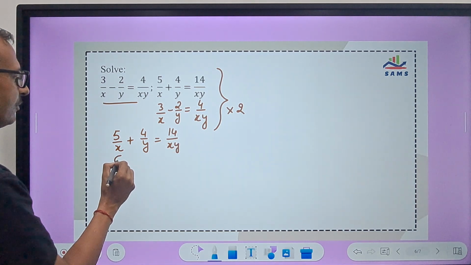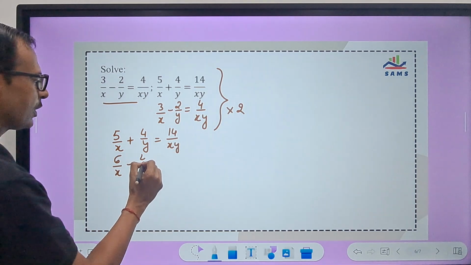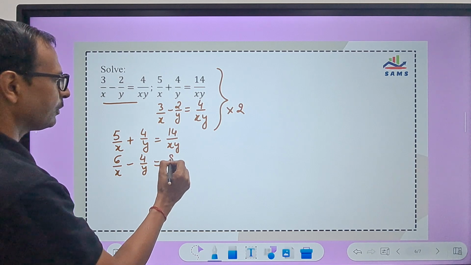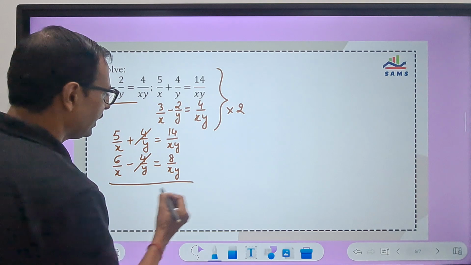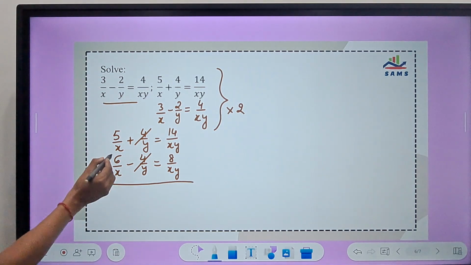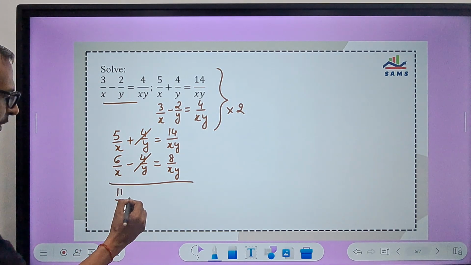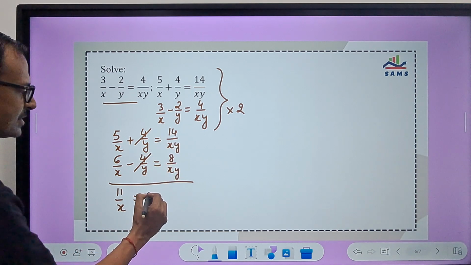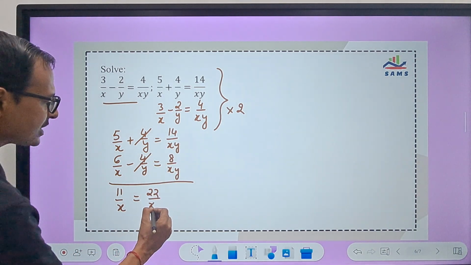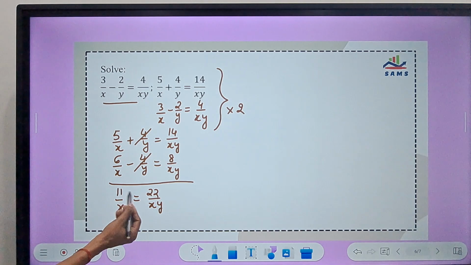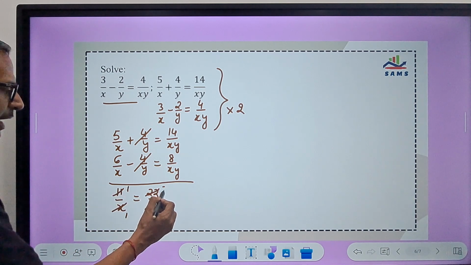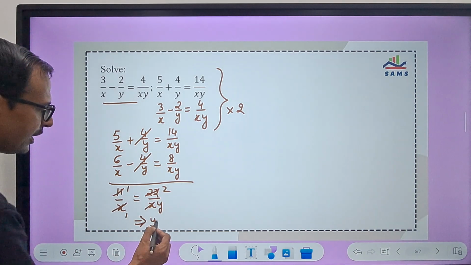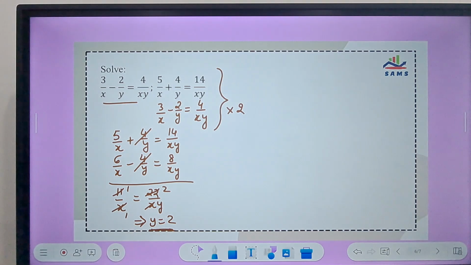The second one will become 6 upon x minus 4 upon y equals 8 upon xy, and so this gets cancelled. Now because I am adding them, 5 plus 6 is 11, so 11 upon x equals 14 plus 8 is 22, so 22 upon xy. Now you can see a common factor getting cancelled between the numerators and between the denominators. X gets cancelled, 11 gets cancelled, and so if you cross multiply you get y equal to 2 as the first part of your answer.